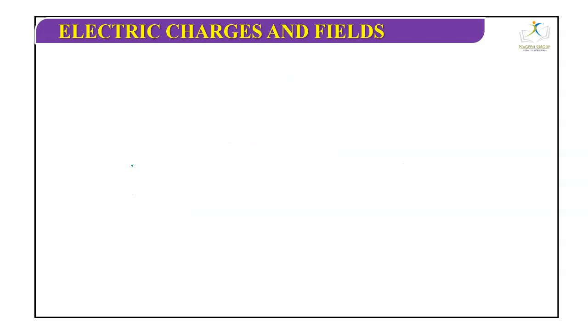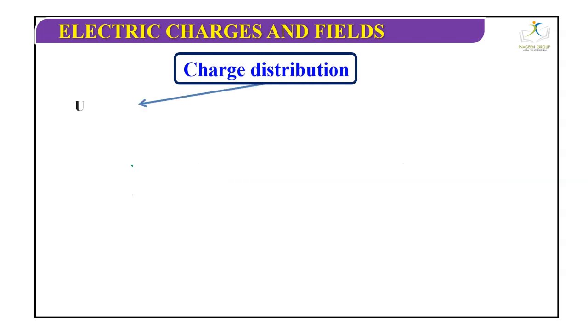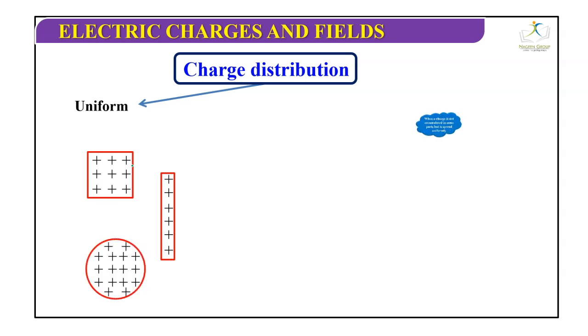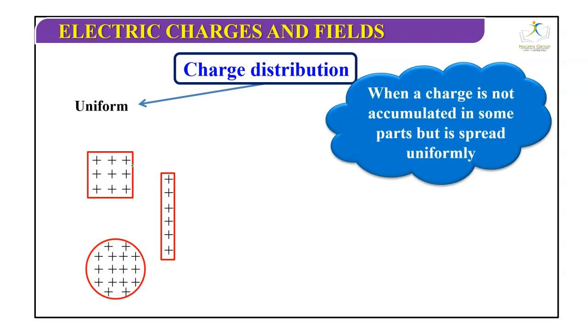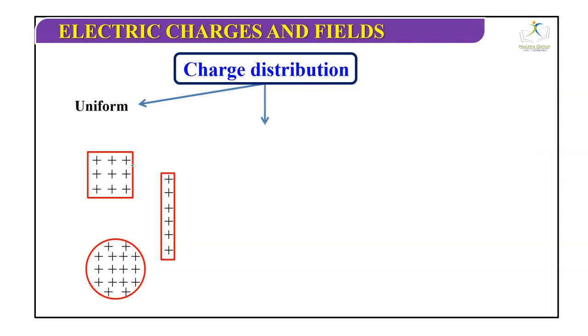Charge distribution. We can do charge distribution in different ways, like a uniform charge distribution, where the charges are uniformly distributed over a particular sheet, like this. When the charge is not accumulated in some part but spread uniformly, we say this charge distribution is uniform.